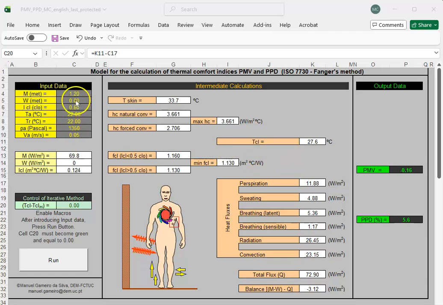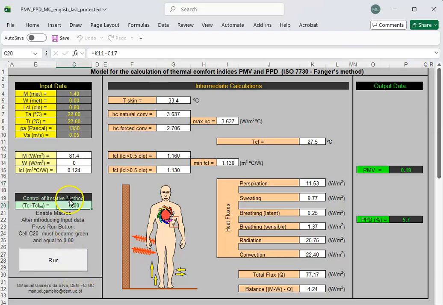Once we change any one of the values here in the inputs, for instance, let us say I will increase the value of the metabolic rate to 1.44, you see that this difference is no longer 0, which means that I need to apply again the iterative process, and this will happen in case I press this run button.